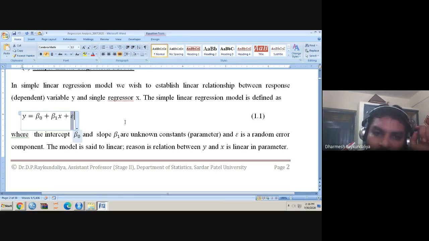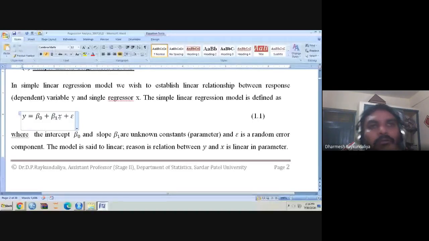In a regression analysis, there are two parts: one is a systematic part and another is a random part. If I know the values of beta 0 and beta 1, given a value of X, I can obtain the approximate value of Y, because epsilon is there. So we cannot obtain the exact value, only the approximate value. Is that clear?